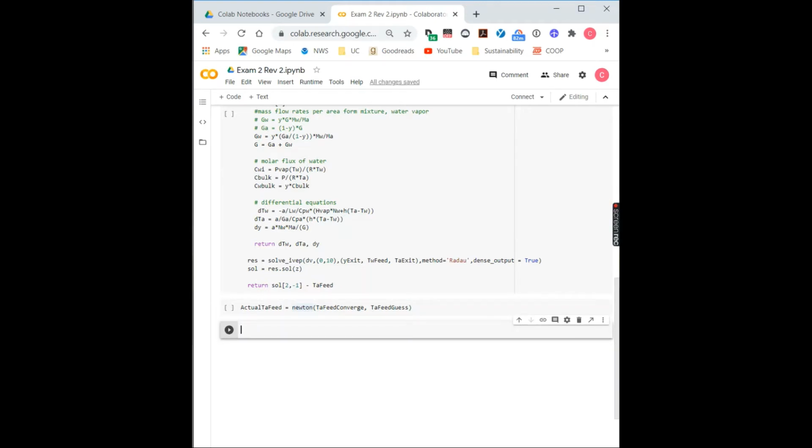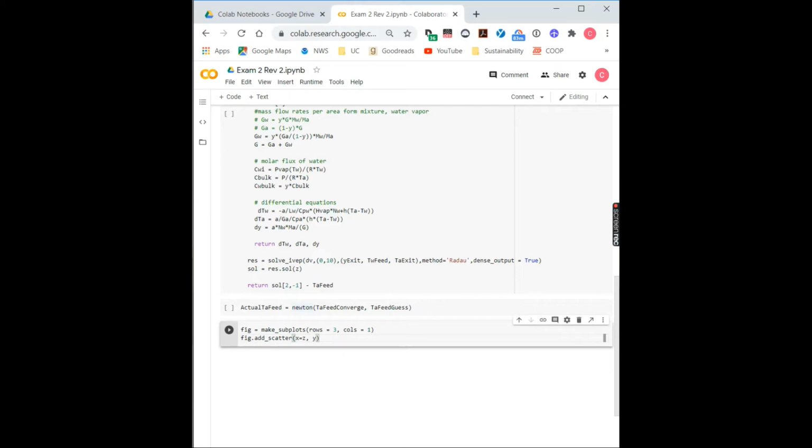So once we've optimized our value for the air feed temperature, we can now plot our results. To do this, we create a figure with 3 rows and 1 column. We need 3 rows because we're solving 3 differential equations and we want them on 3 different graphs. For all of our graphs, the x-axis will be z, the distance between the top and the bottom of the column.